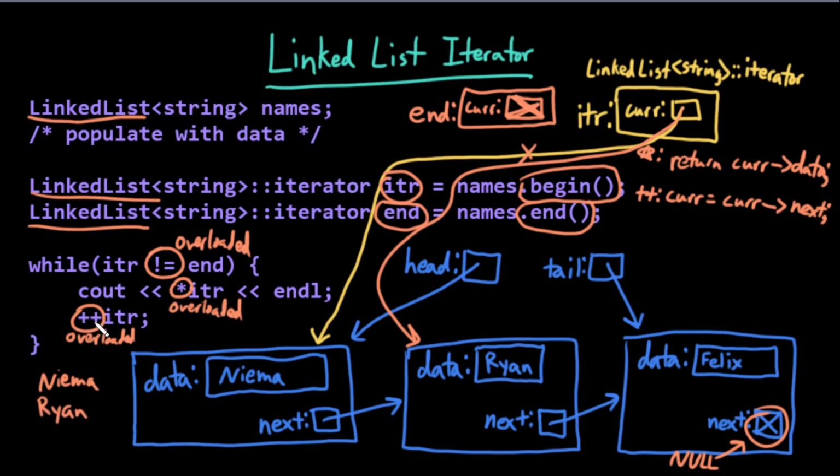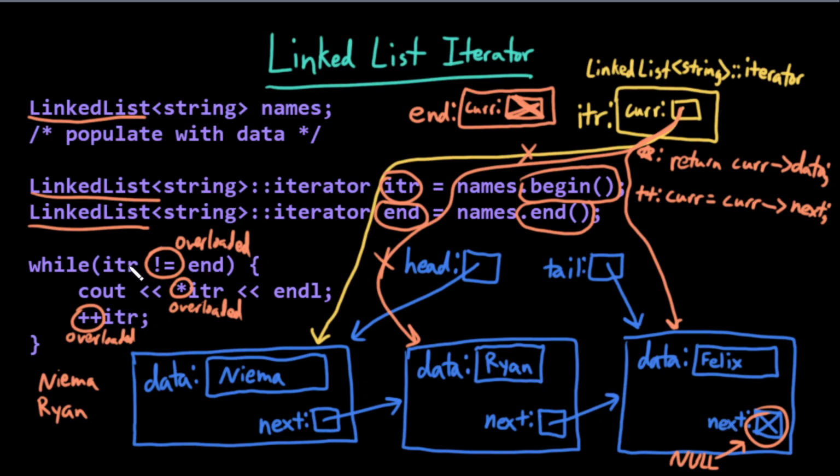And then I increment my iterator, which I overloaded to update cur to now point to cur next. So cur equals cur dereference it next, which is pointing to this object. So I would update cur to now point to this object here.